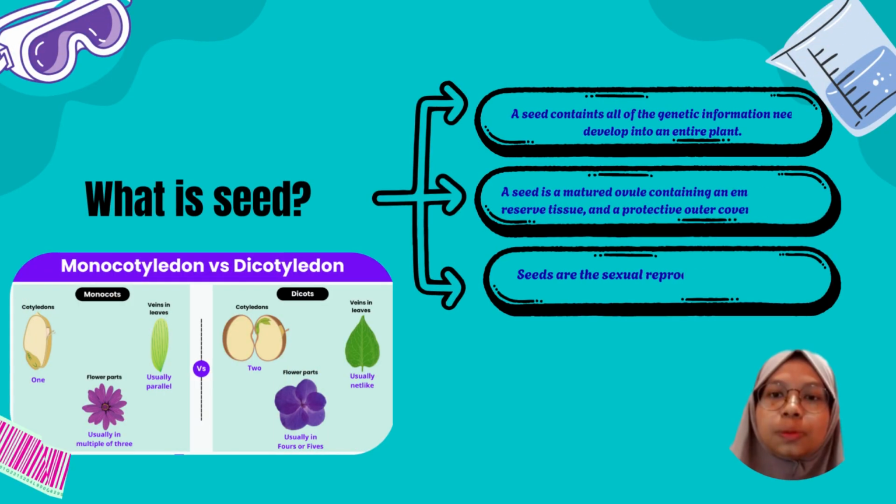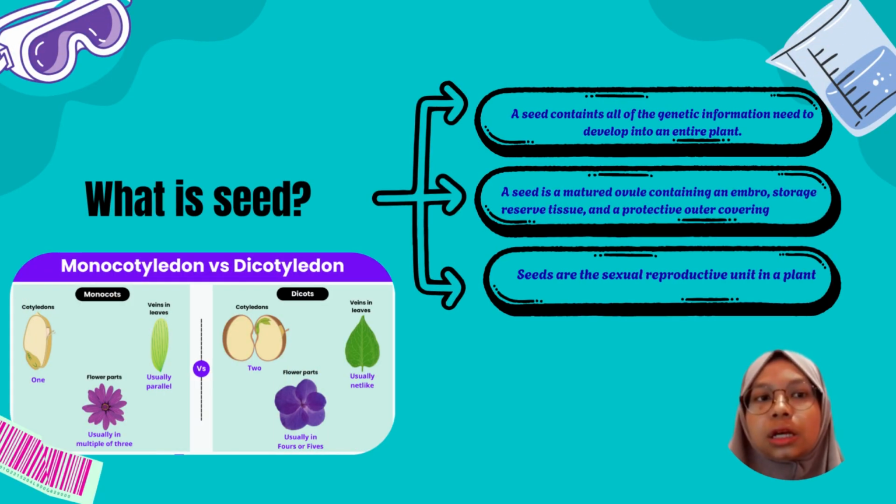For the next slide, we jump to what is seed. A seed is a mature ovule that contains everything needed for the next plant generation. Seeds are extremely important because they act as the reproductive unit of plants. A seed contains genetic material, food storage, and a protective layer.